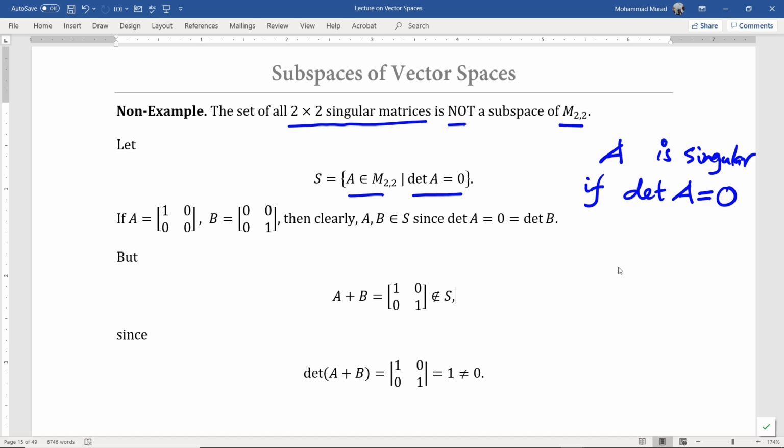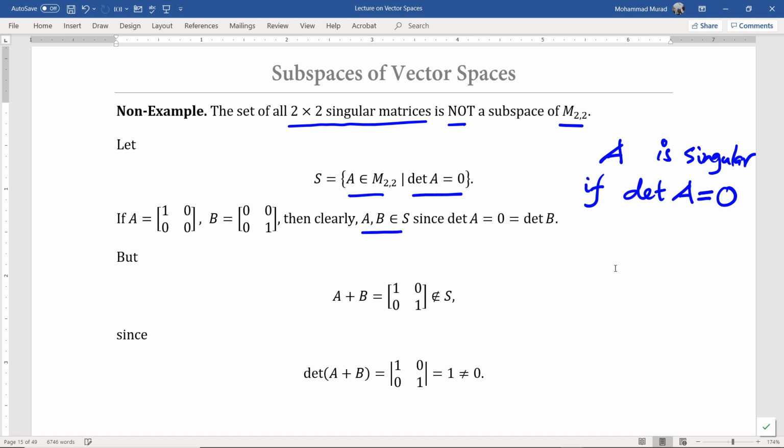We want to show that this set S is a subset of the vector space M sub 2,2, but not a subspace. To show that, we take two matrices A and B from the set S. Note the determinant of the matrix A is equal to 0. Similarly, the determinant of the matrix B is also equal to 0.